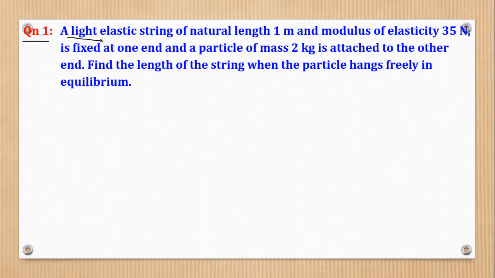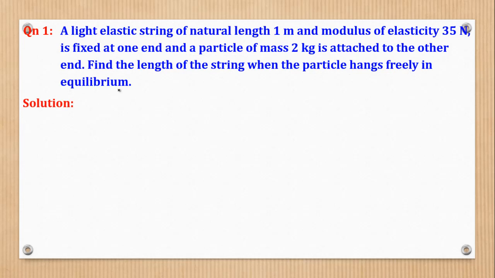Question 1. A light elastic string of natural length 1 meter and modulus of elasticity 35 newtons is fixed at one end and a particle of mass 2 kilograms is attached to the other end. Find the length of the string when the particle hangs freely in equilibrium.